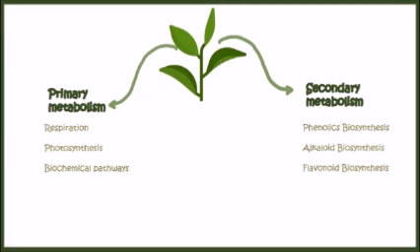There are two types of metabolism in plants: primary metabolism, which is respiration, photosynthesis, and other biochemical pathways, and secondary metabolism, which involves phenolics biosynthesis, alkaloid biosynthesis, or flavonoid biosynthesis, etc. So these compounds, phenolics, alkaloids, and flavonoids, might have medical importance or be relevant for human benefit.